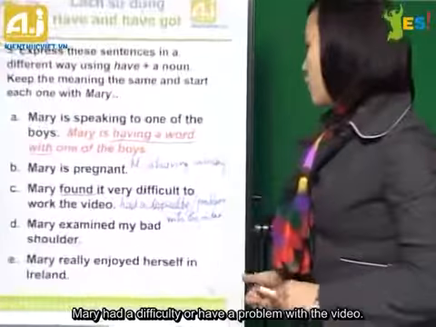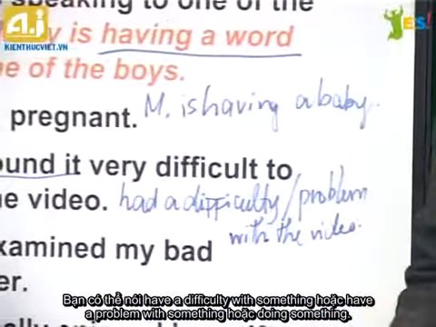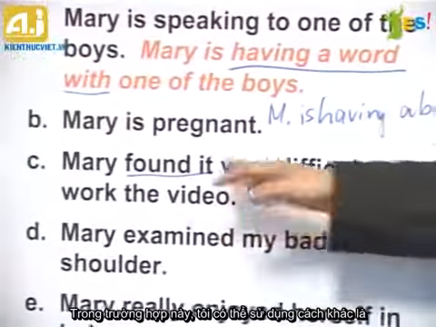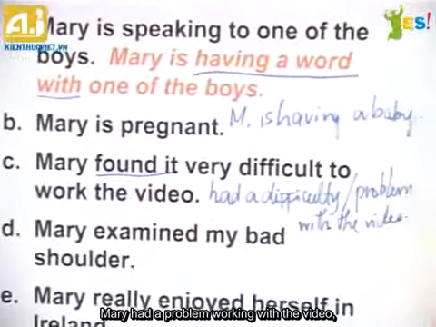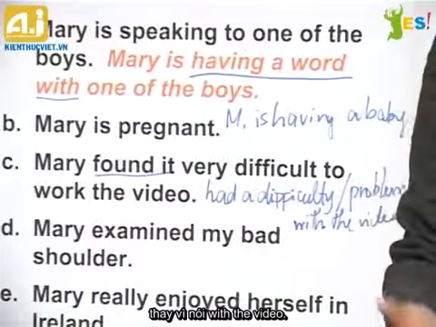Okay? Because I have a difficulty with something or had a problem with something or doing something. In this case, I can say another way is "Mary had a problem working the video" instead of saying "with the video".